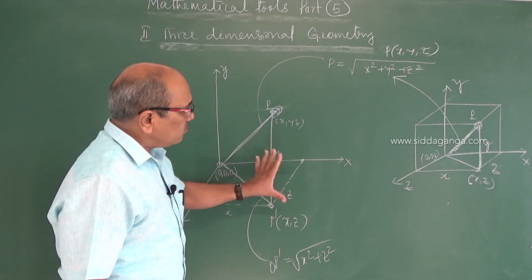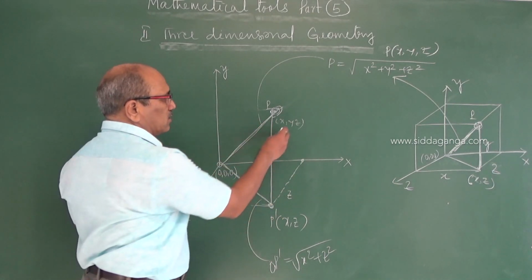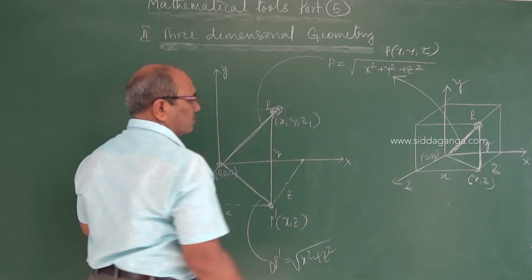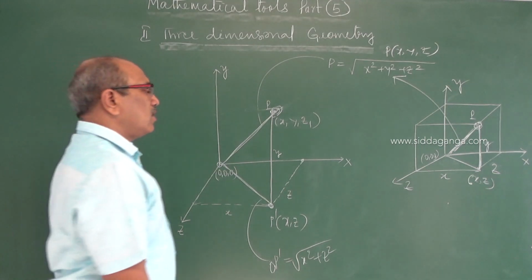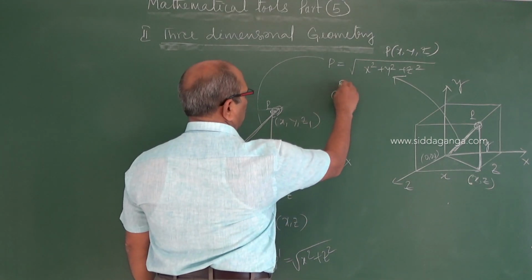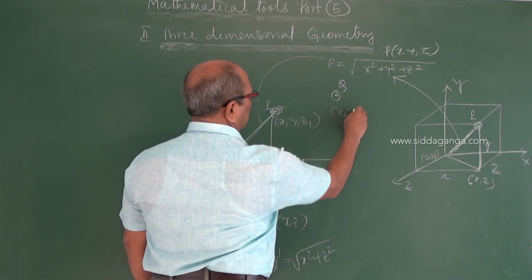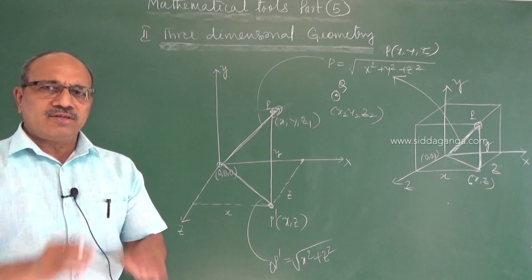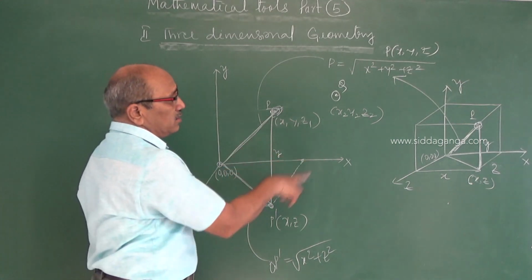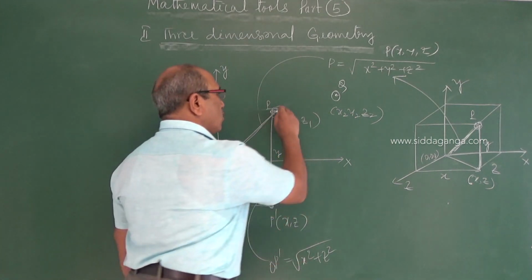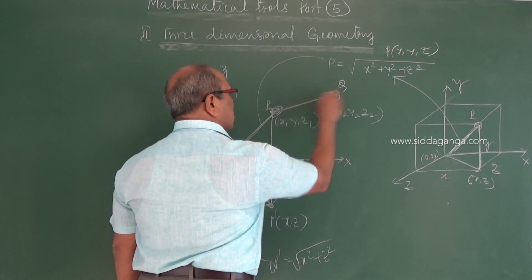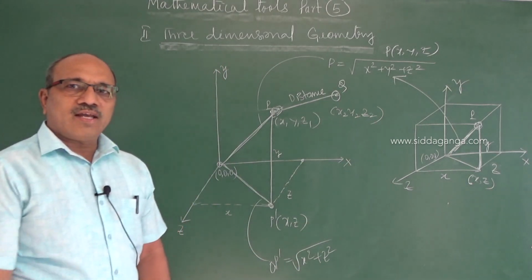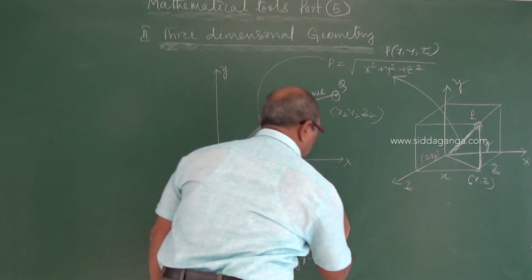I am not complicating this; I tell you with a simple idea. This point has coordinates x1, y1, z1, and the point it reached, point Q, may have coordinates x2, y2, z2. What is the distance between these two can be easily calculated using your previous knowledge.